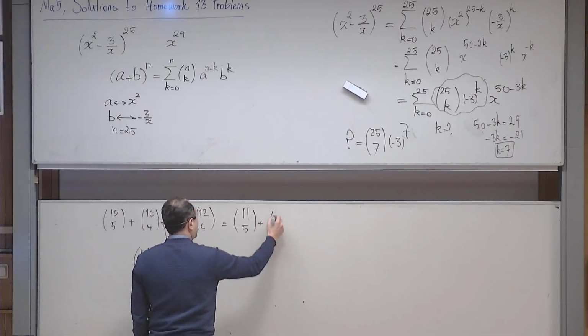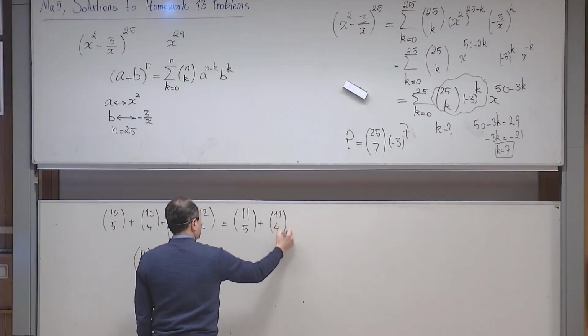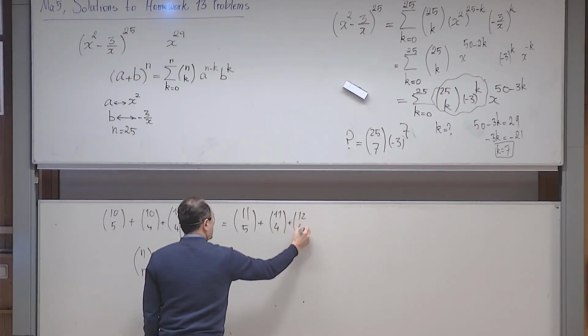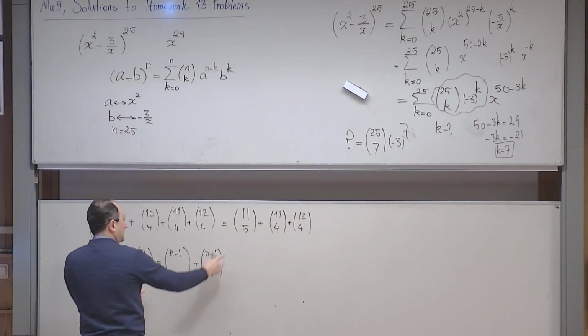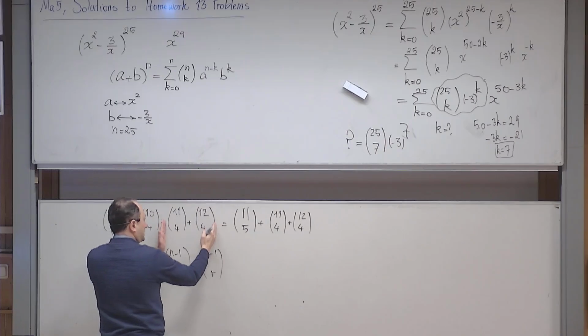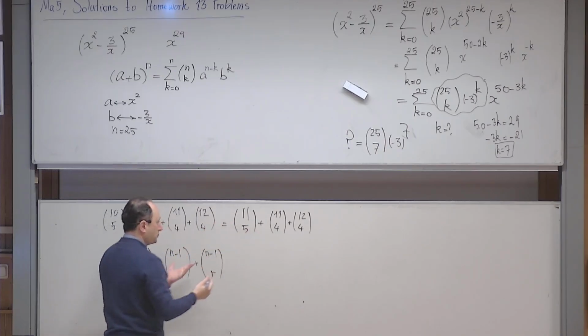I hope that you see what is happening now. For these two, using this identity, I wrote this and copied and pasted the rest. But now you can see what happens.